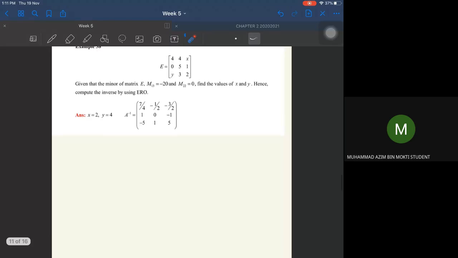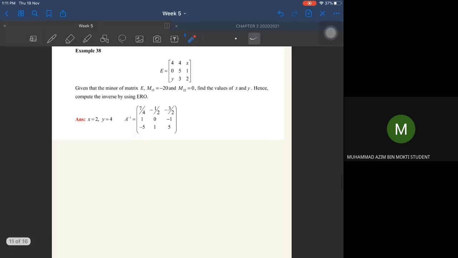Okay, so first step you need to find the value of x and y. So by using this information here, you sepatutnya boleh carilah nilai x and y. Saya tak perlu ulang lah kot, sebab ni subtopik lepas kan. So kalau nak M13, so row 1, column 3, so this determinant is equals to -20. So dapatkan nilai y.